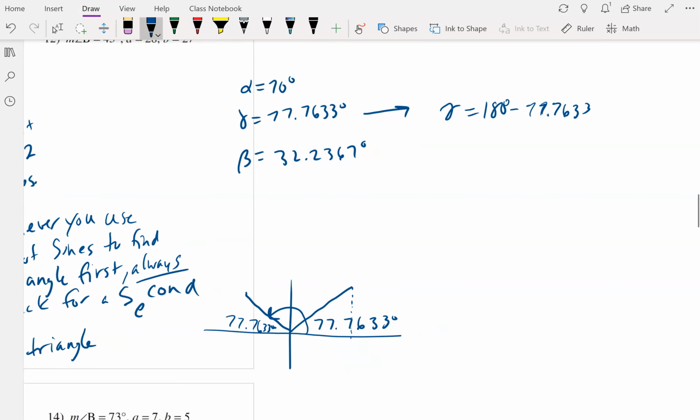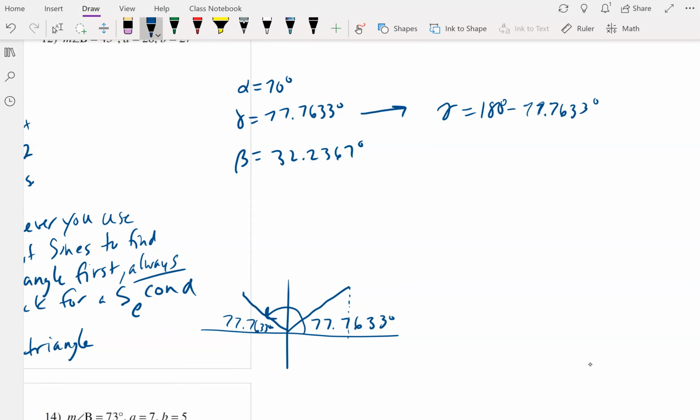The first thing you'll do is subtract it from 180. That gives us 102.2367. Check it with your alpha.